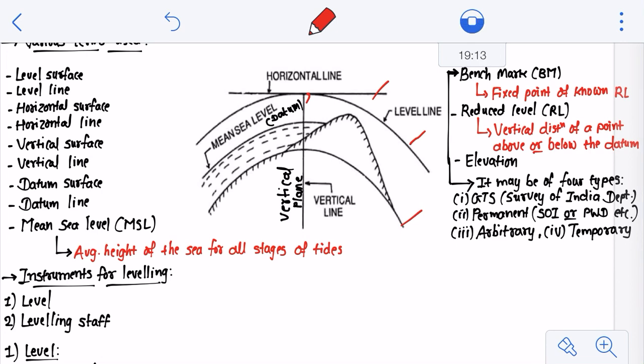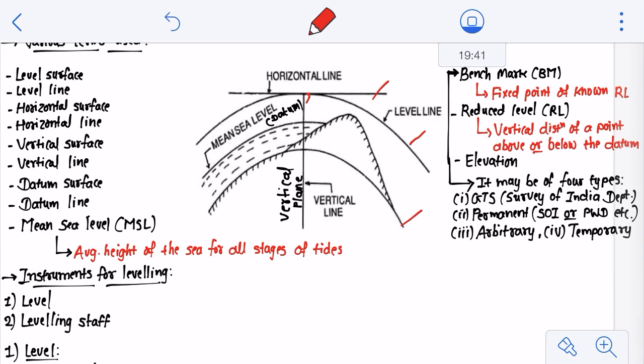But before that, mean sea level needs to be discussed, and you should understand what mean sea level is, because that's again the confusion: every time they will say refer to mean sea level, but what is this mean sea level actually? So mean sea level is the average height of the sea for all stages of the tides. At any particular place, it is generally derived by averaging the hourly tide heights over a long period of 19 years, right?